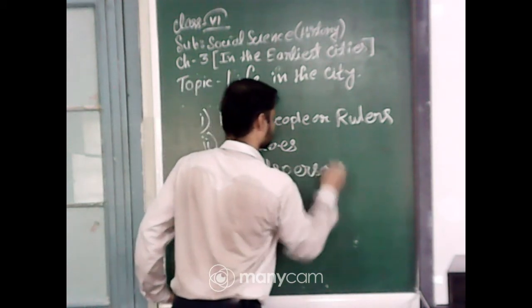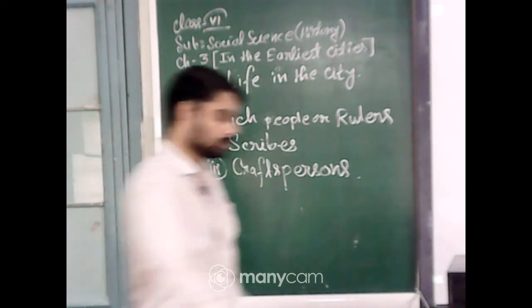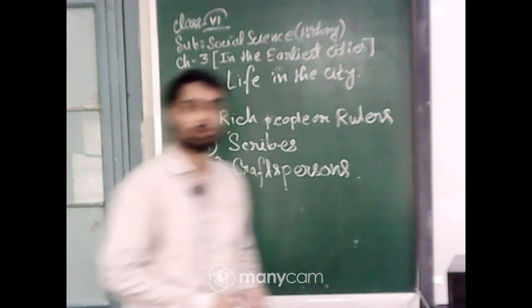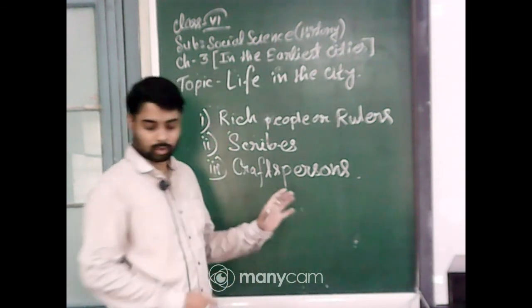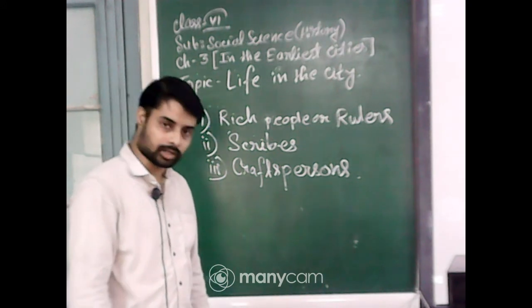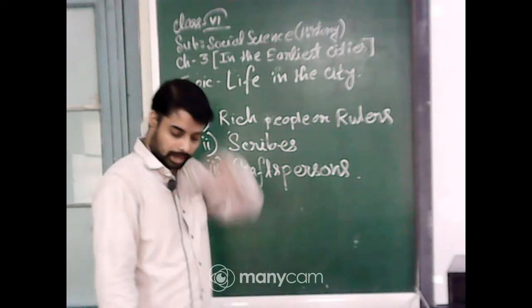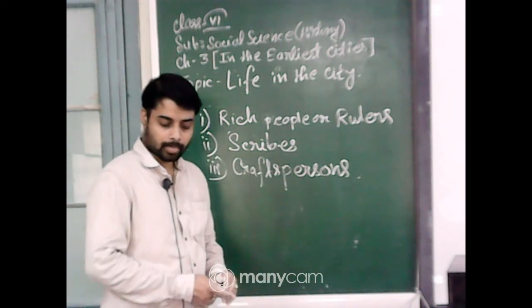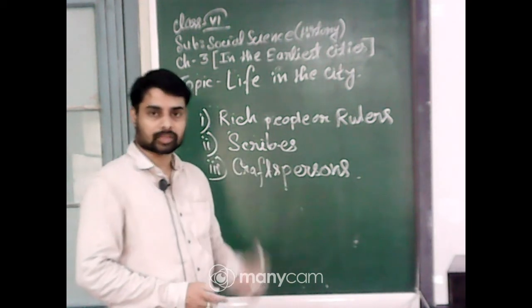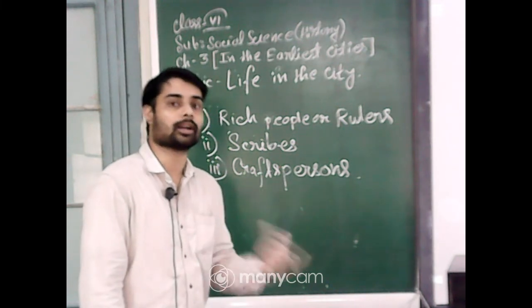Now what is the work of scribes? The scribes are the people who wrote on the seals and some other materials which have not survived, and these scribes knew the scripts, how to write the Harappan script.